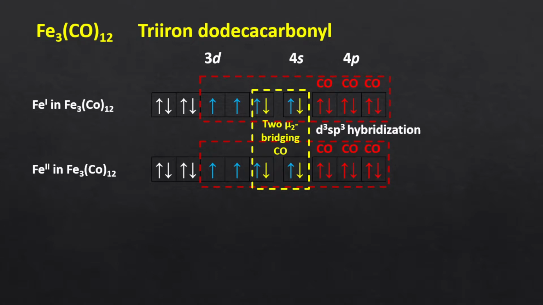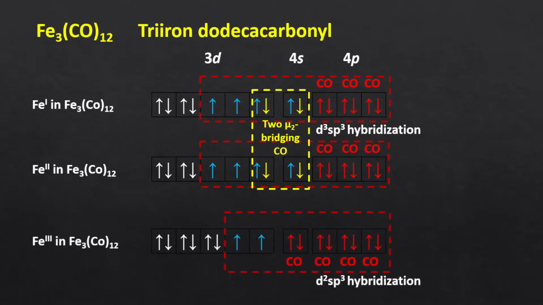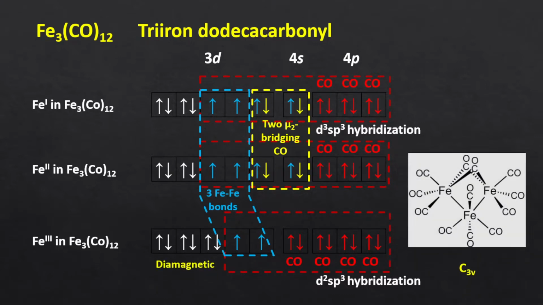The third iron undergoes d2sp3 hybridization and accepts 4 pairs of electrons from the 4 carbonyl ligands. Moreover, the two hybrid orbitals with an odd electron of each metal get paired with iron-iron bond formation. There is no unpaired electron, so this complex is also diamagnetic and the point group is C3v.